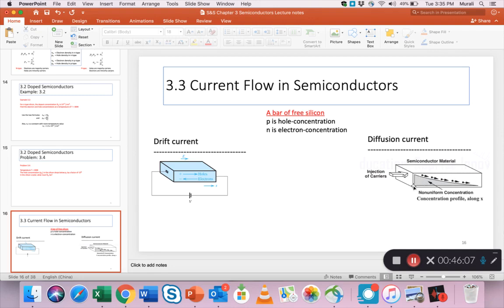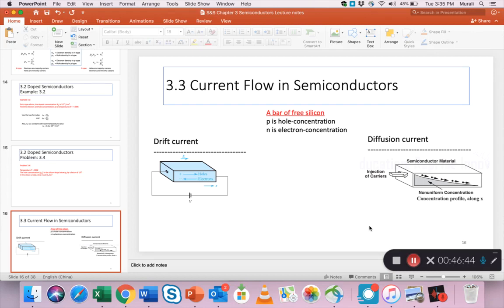So here, when x is 0, assuming this is x in this direction, so when x is 0, you have a very high concentration of this doped material, either electrons or holes, and then it gradually falls like this. In fact, you can see the holes are being shown moving in that direction. So if you can maintain a concentration like this in the material, then also you have a current. And this is called a diffusion current.